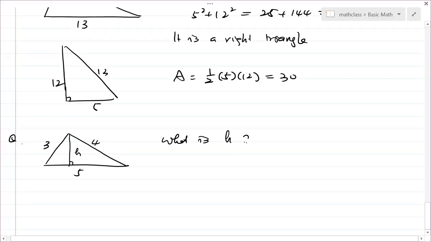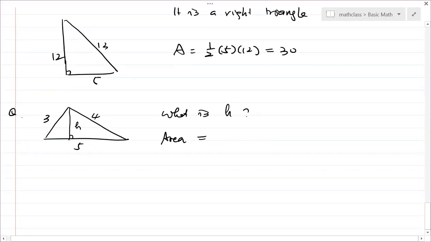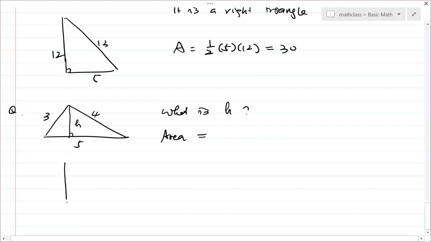The idea is, first of all, you know the area of the triangle, right? What is the area of the triangle? This is a right triangle, so it's going to be half of 3 times 4, which is 6.